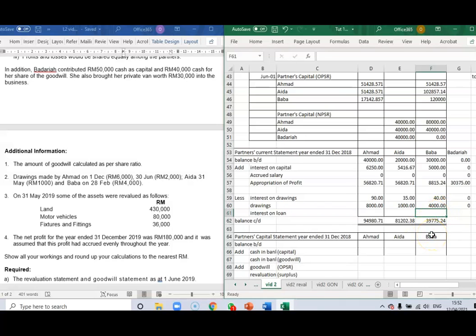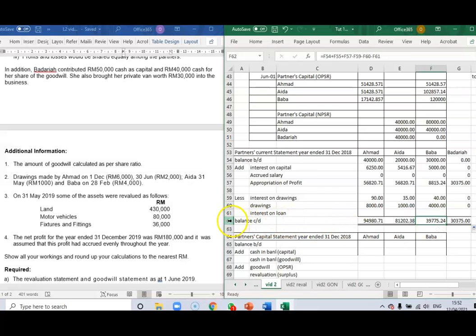Okay. So when you calculate this, you have a surplus. Baba has a surplus of 39,000.